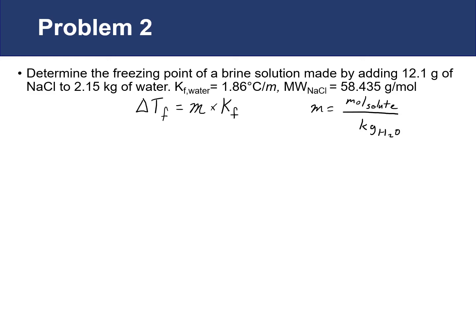A thing to note is that for this particular solute, when you put it in water, it actually dissolves. So we won't have sodium chloride together. When we put it in water, it's going to break into sodium ions and chloride ions.